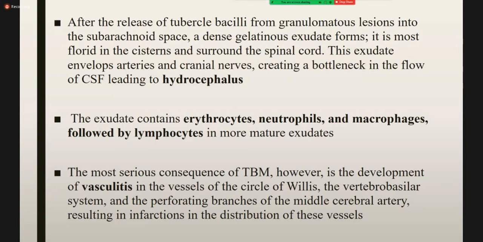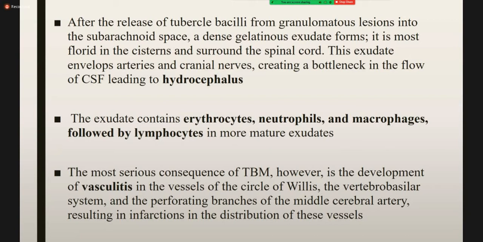This is a complication. The exudate, which forms because of inflammation and contains a lot of proteinaceous material, contains erythrocytes, neutrophils, and macrophages, followed by lymphocytes in more mature cases. The most serious consequence of tuberculous meningitis, however, is the development of vasculitis.